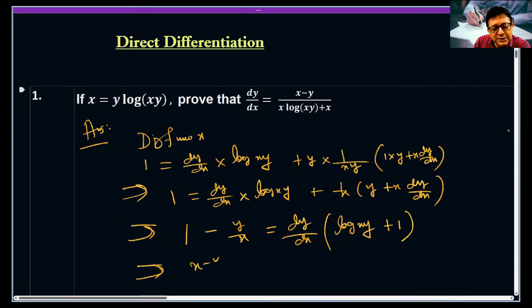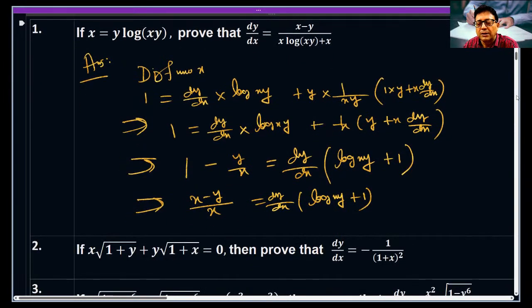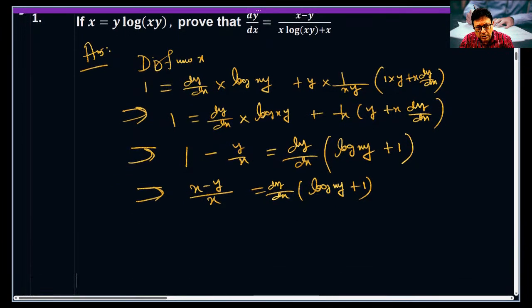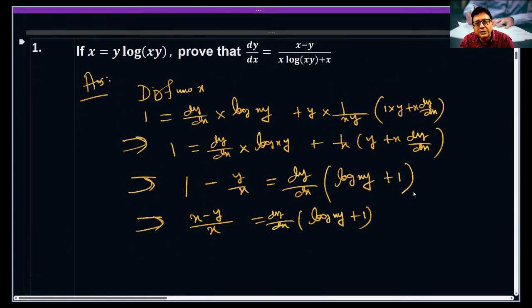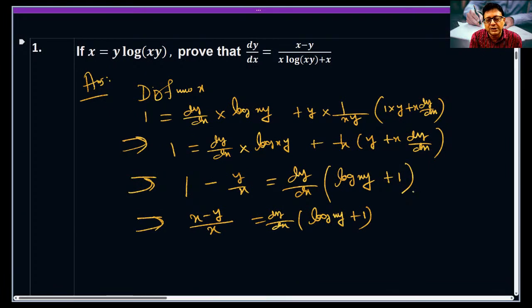So this implies x minus y by x, dy by dx, xy plus 1. Clear? Understood? Have I got the answer? Check once. No, I haven't got it, or I have got it. How? You just make dy by dx the subject of the other terms.